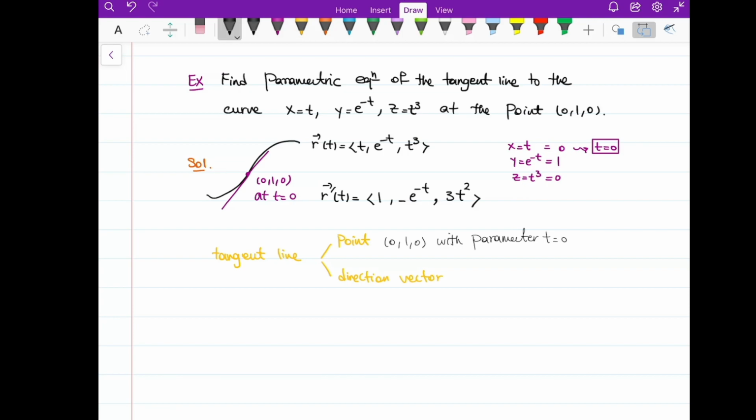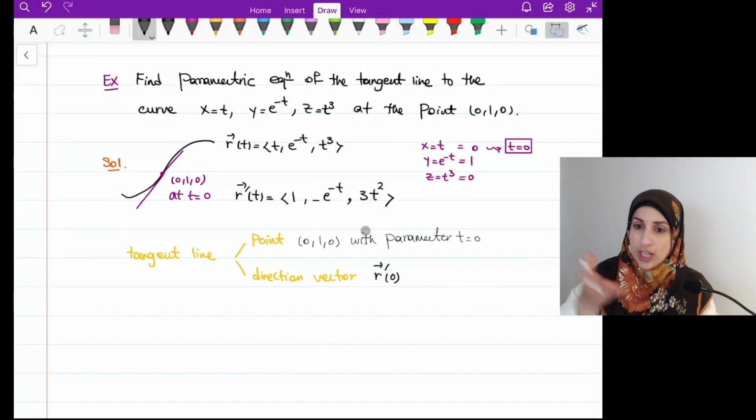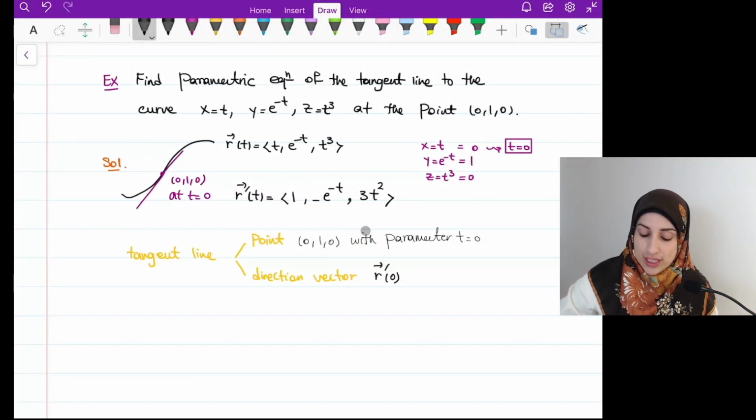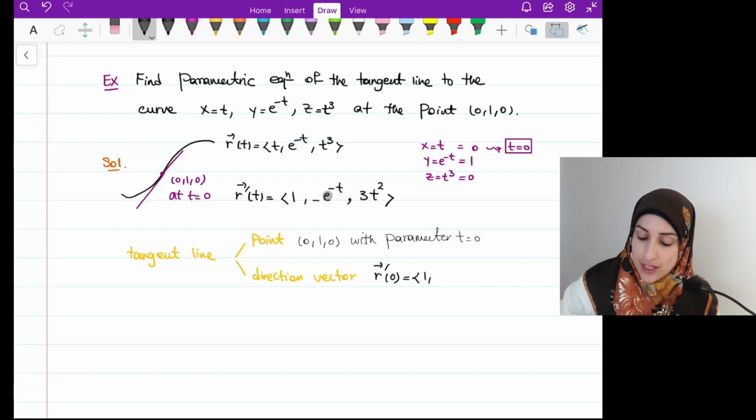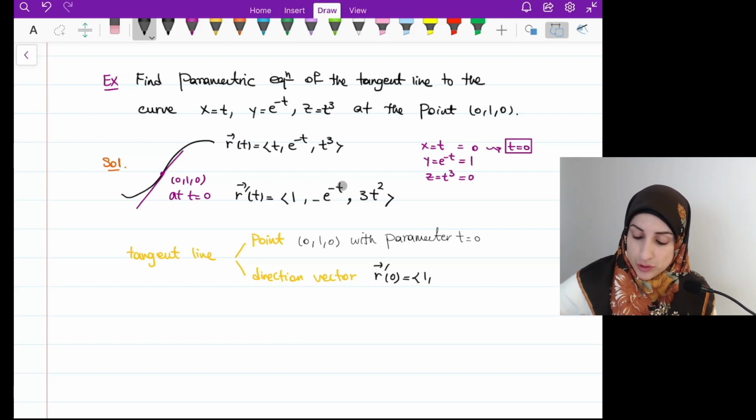I forgot to put the prime in here. It's gonna be the derivative at the time t equals 0, so it would be r prime at 0. It's just because, one more time, the derivative would be tangent to the curve. And so I just need to plug in the parameter to find the actual vector at the time t equals 0, which would be 1, negative e to the negative 0, which would be negative 1, and then 0.